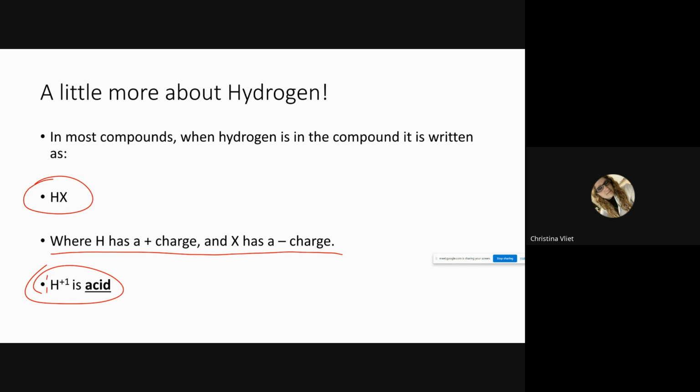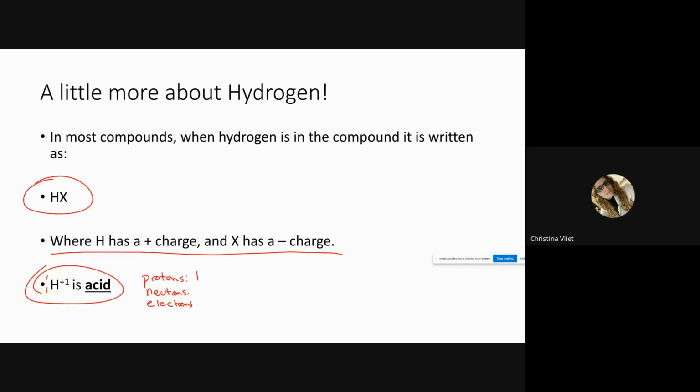Acid, which is H plus 1, has how many protons, neutrons, and electrons? Every element has to have a proton because that's the definition of what makes an element an element. No proton, no element. So it's 1 proton because the atomic number is 1.